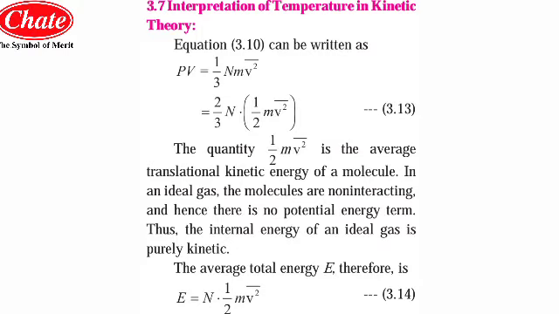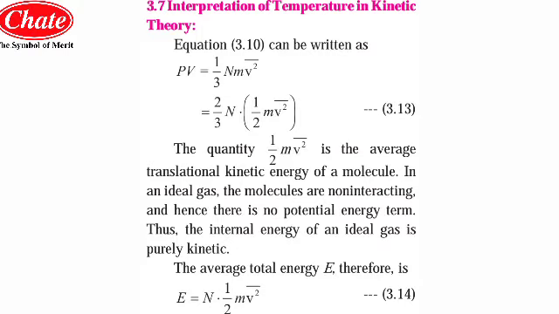So we have just rearranged this equation. This may be further written as 2 by 3 N into bracket 1 by 2 m v square bar. Now the quantity half m v square bar is the average translational kinetic energy of a molecule in an ideal gas.